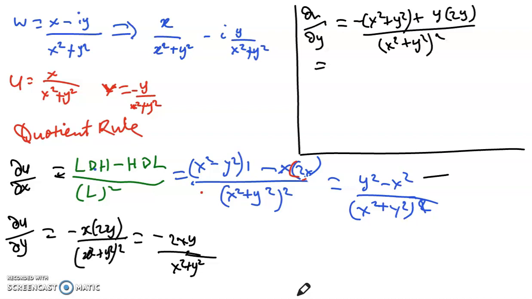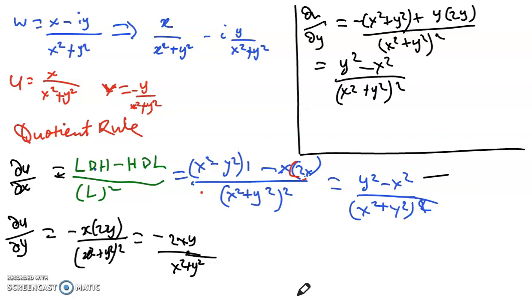If we simplify that, what we get is y squared minus x squared divided by x squared plus y squared. So this is what we have as partial v partial y.